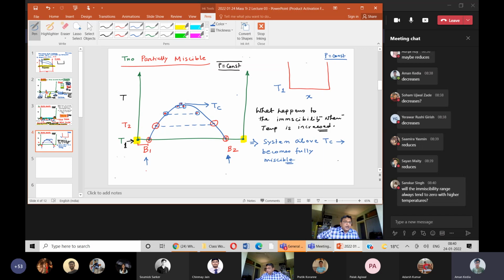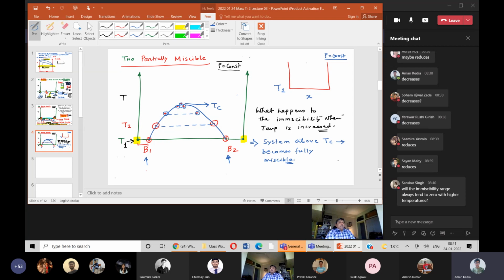Firstly, Shankar, your question is wrong. Will the immiscibility range always tend to 0? No, the immiscibility range gradually reduces, right? And for this type of system, yes, eventually the immiscible range will be 0 at some critical temperature. Today the class is active and participating, so you have started to ask very good questions, but you have not given me the time to finish the topic.